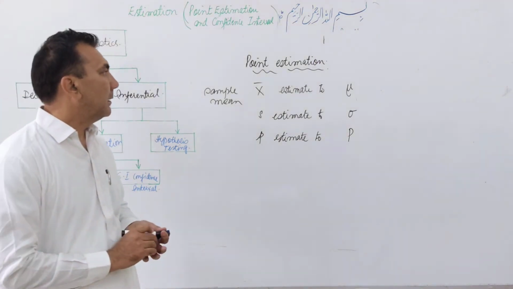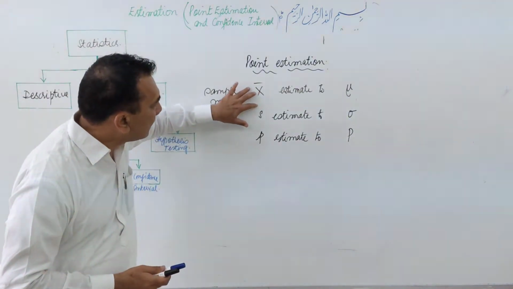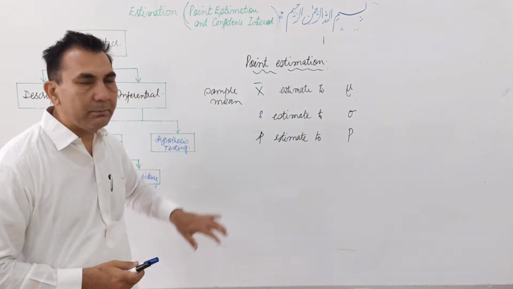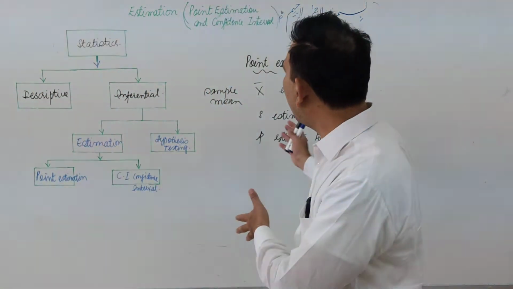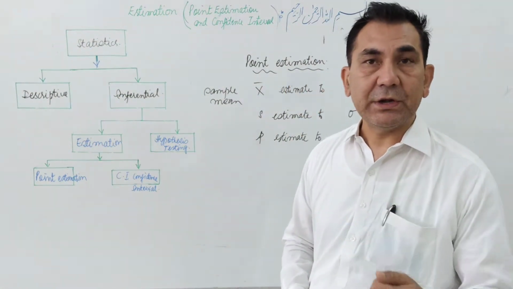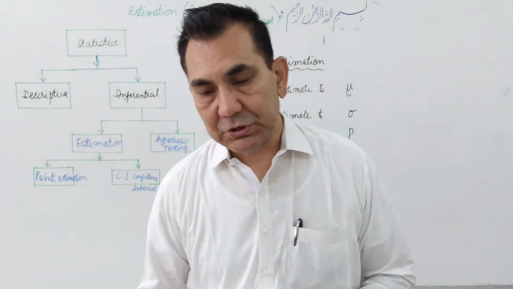So the X bar, standard deviation and proportion of the sample estimate the population characteristic. So it is called the point estimation.